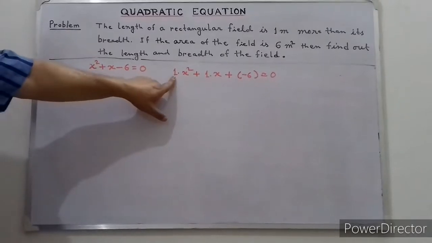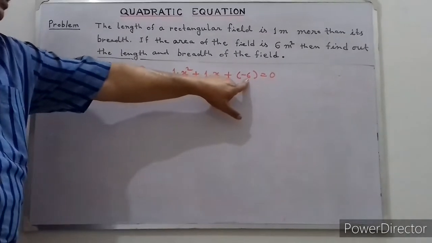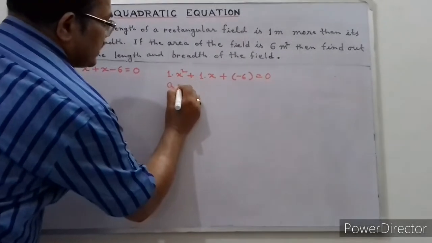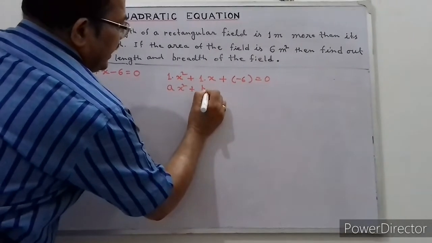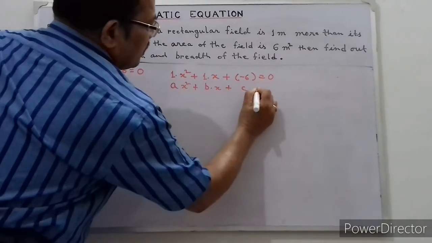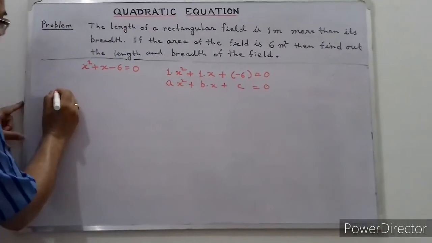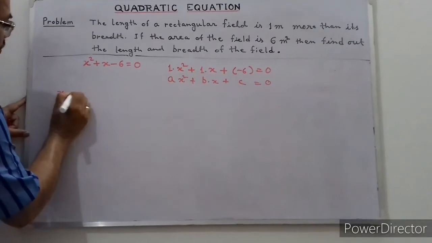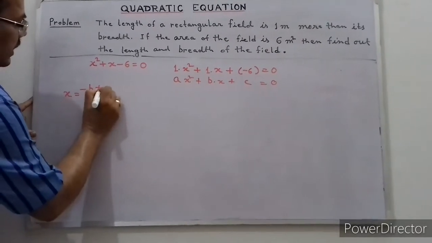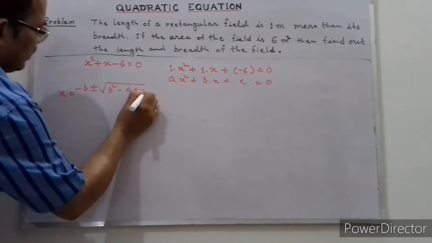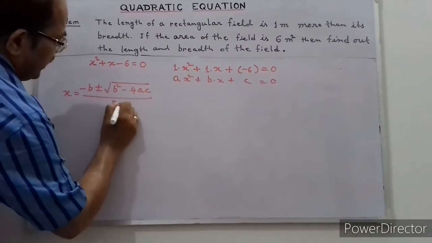Now a is 1 here, b is 1 and c is minus 6 as per the standard form. So put the values directly in the formula: x equals minus b plus minus root b square minus 4ac, by 2a.